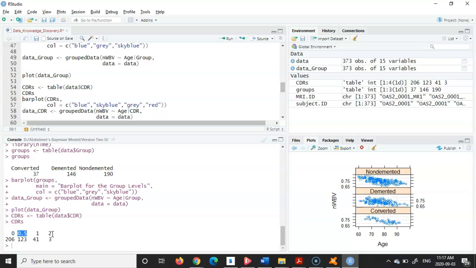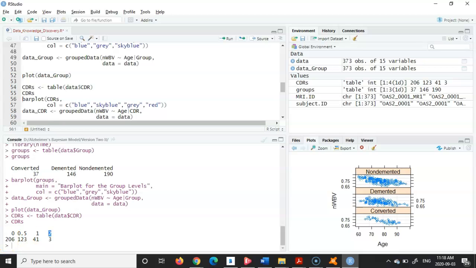Specifically, if someone gets a CDR score of 2, it means that, based on the cognitive examination, that person has severe dementia or severe Alzheimer's disease.